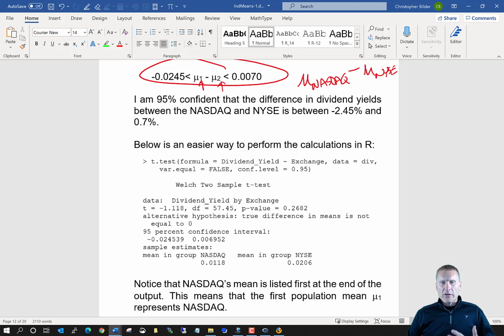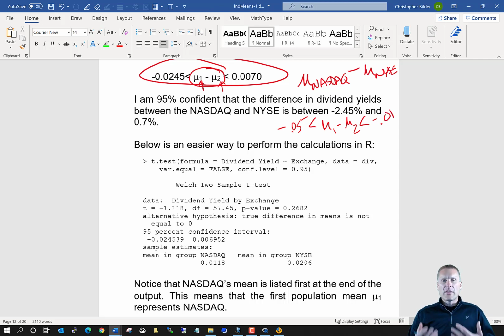Another reason why you need to remember what 1 and 2 are is, especially if the interval, let's say, was negative 0.05 is less than mu1 minus mu2, which is less than negative 0.01.